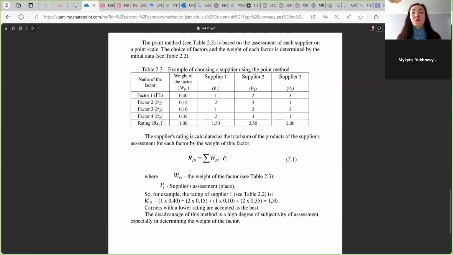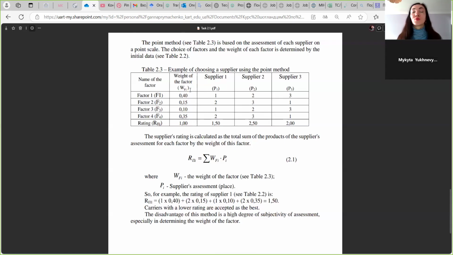For example, our rating for the first supplier is equal to 1, it is our characteristic we put in our table, 1 multiplied by 0.40 plus 2. I now show, I think you can see it, our third column, we multiply by the meaning of our second column, 1 by 1.